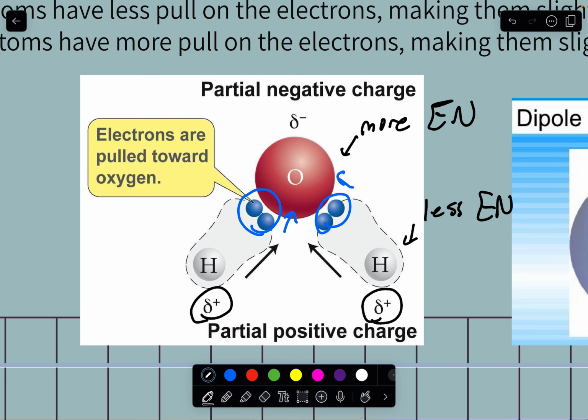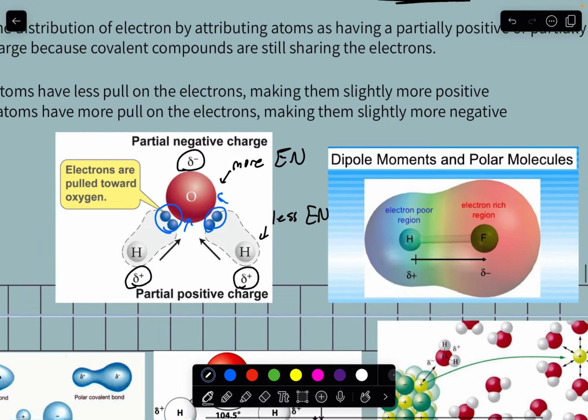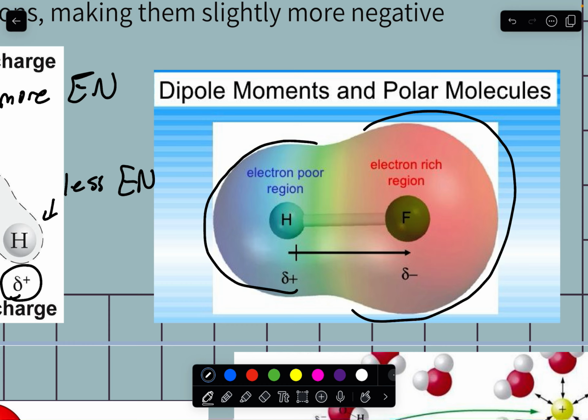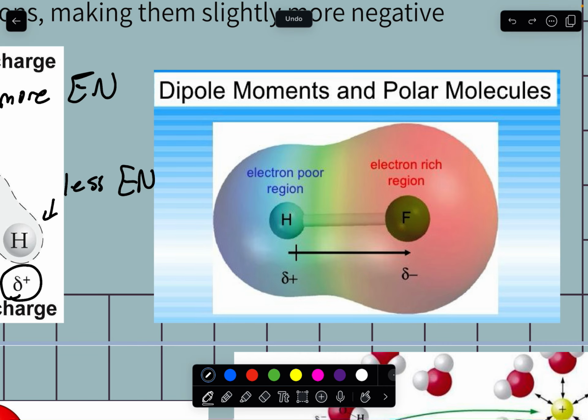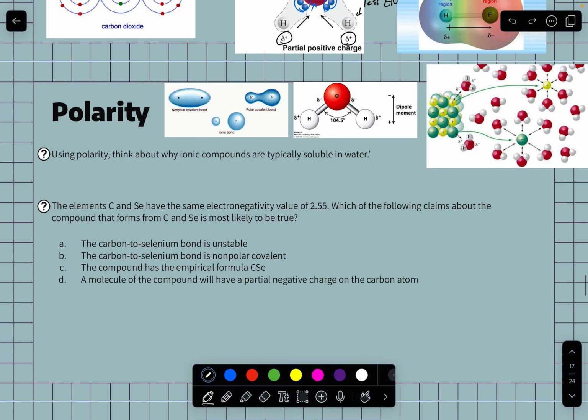They're partially positive, whereas our oxygen is partially negative. Okay, that's what the partial charge means. So we can see that here also. These bubbles show the electron density. So the smaller the bubble, the less electron density there is. So we can see by the fluorine, there's more electron density, so it's going to be more negative. Okay, so the region that the electrons are going to is going to be slightly more negative.